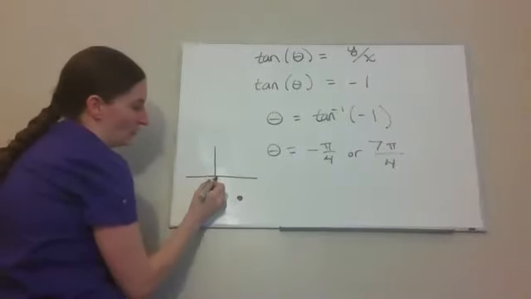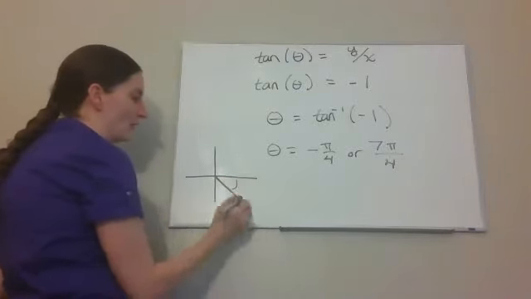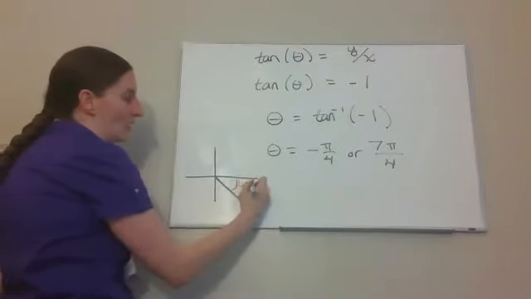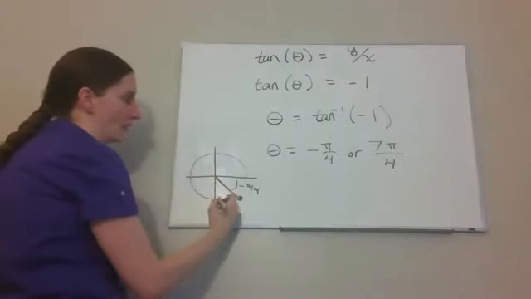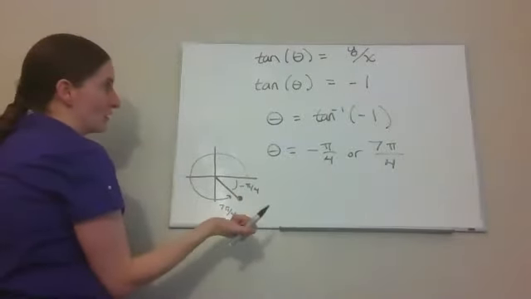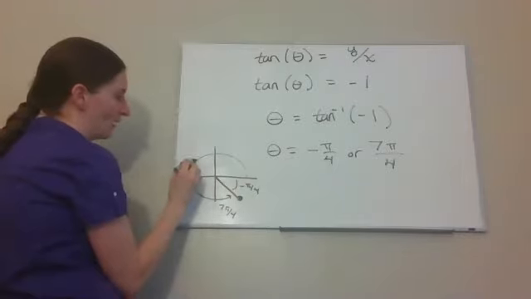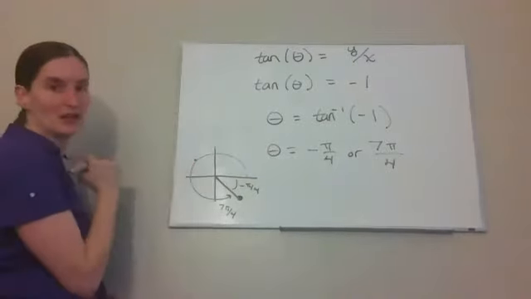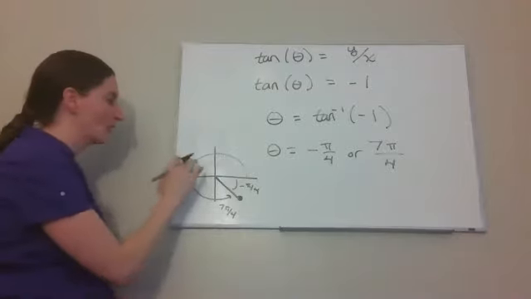So the angle that I'm looking for is this angle down here, which would be my -π/4 if I go clockwise. Or if I go counterclockwise, this is the 7π/4. You also have tangent inverse of -1. You get a value over here as well, but that one doesn't match up with the point that I had originally, so I didn't choose that particular value for theta.